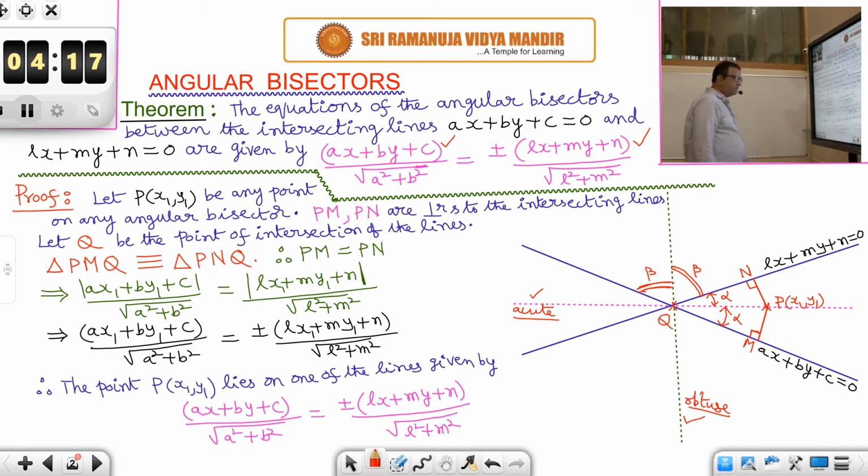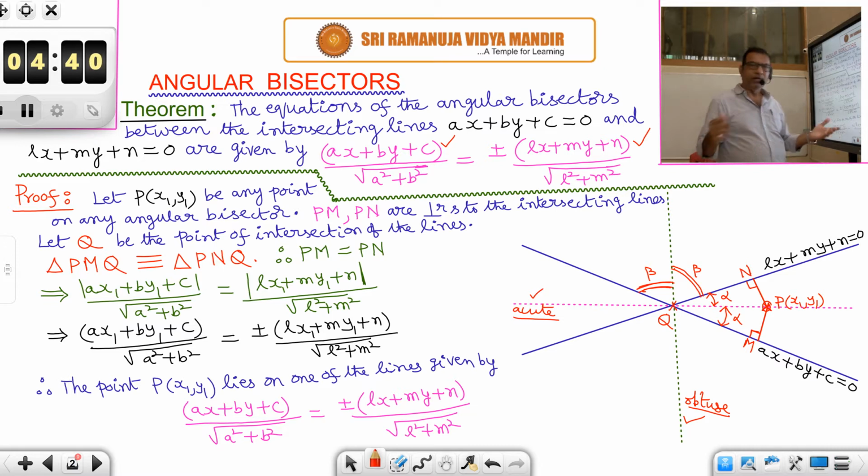So here, let us start with a point P(x1, y1) be any point on any angular bisector. See, in the diagram I have taken point P(x1, y1) on one of the angular bisectors. For example, on the acute angle bisector I have taken.